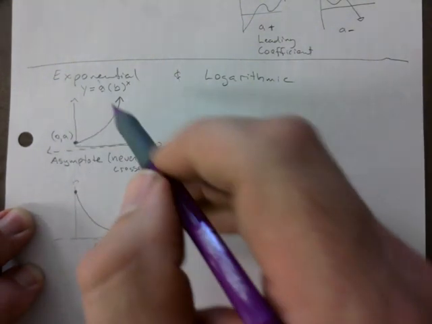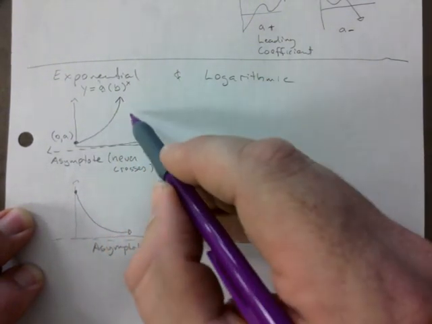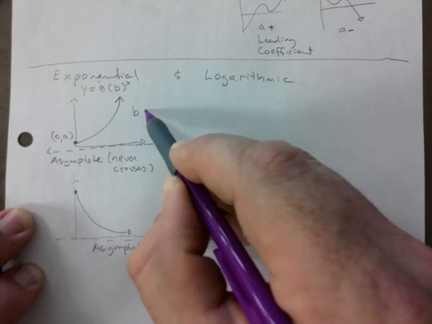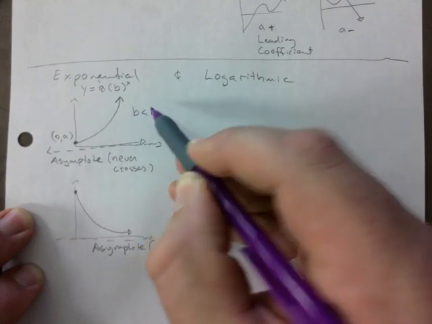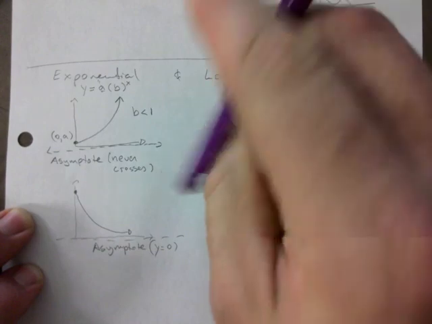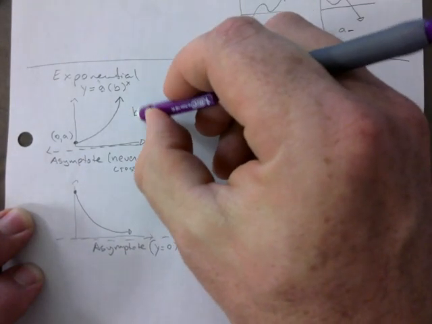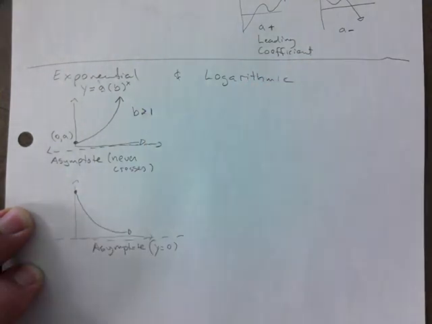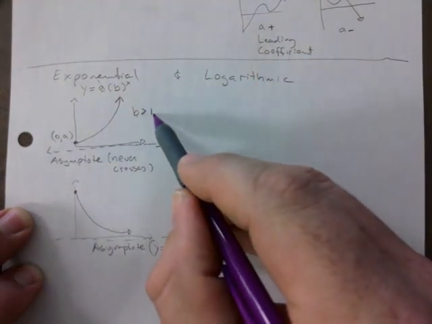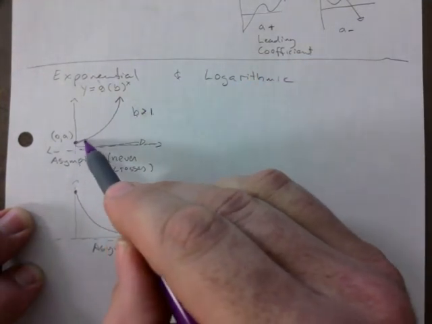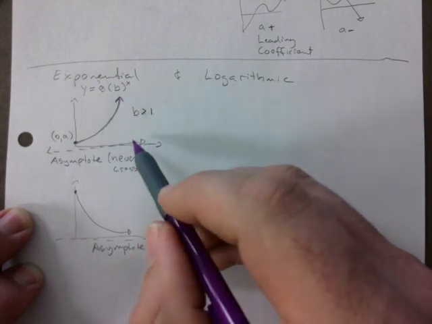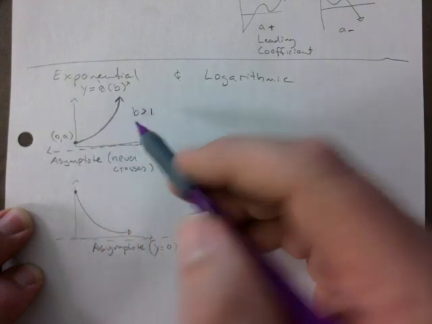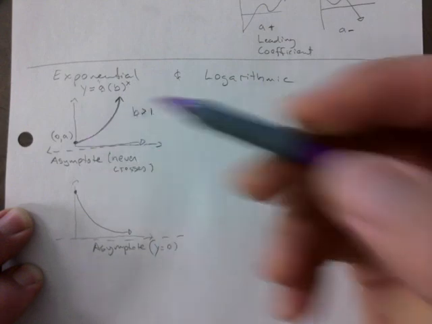If b is greater than 1, you will have an increasing function, right? I'm just freestyling this, okay? So that's what's happening here. You guarantee that it's going to go up.